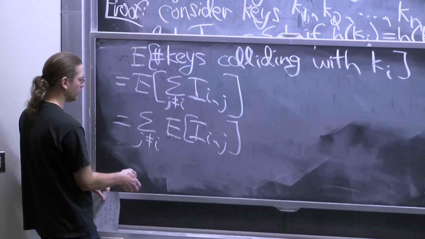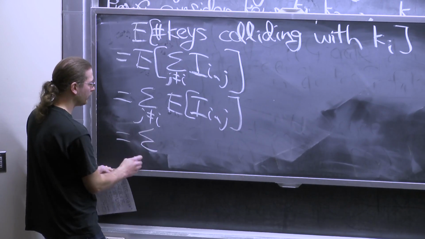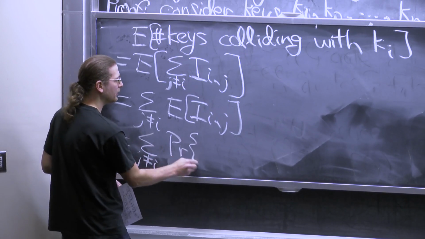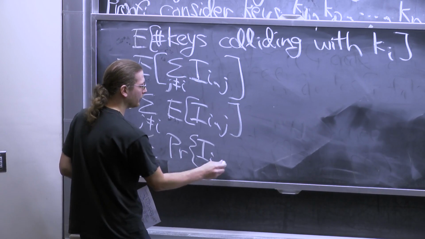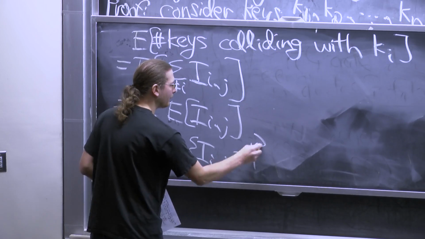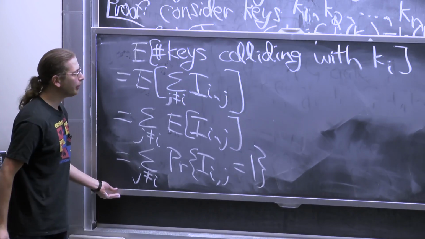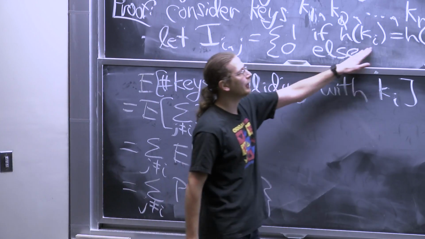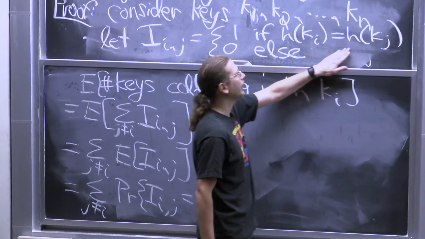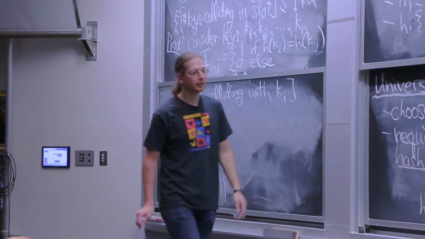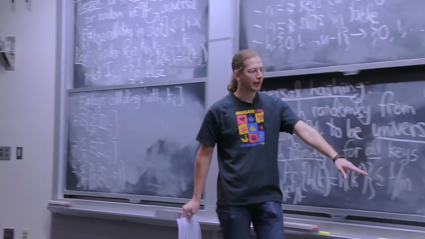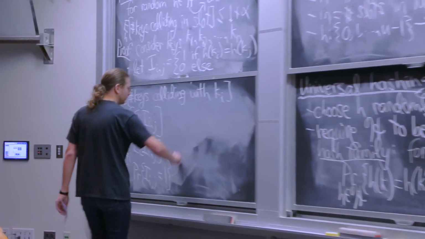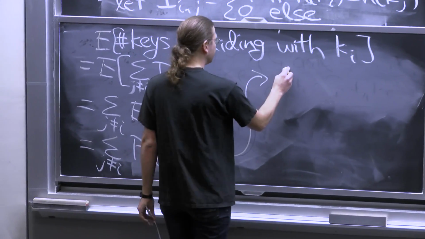Okay, so we get the sum over j not equal to i of the probability that Iij equals 1. And the probability that Iij equals 1, well, that's the probability that this happens. And what's the probability that that happens? At most 1 over m by universality. So I'll write it out.